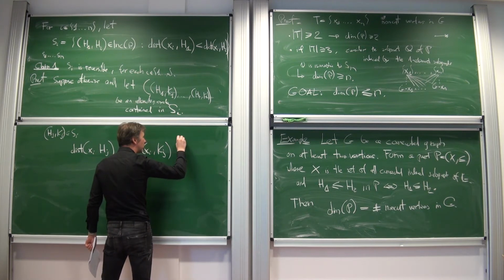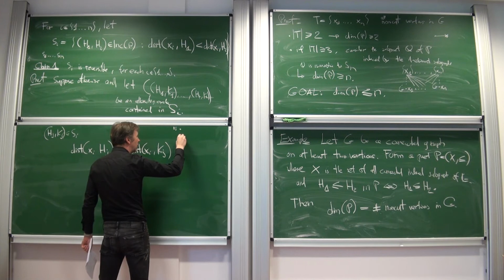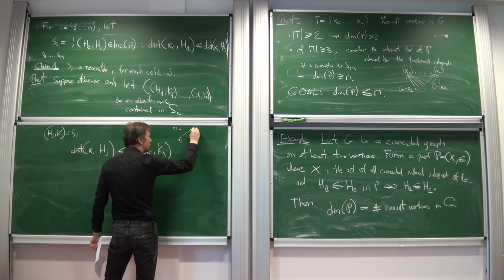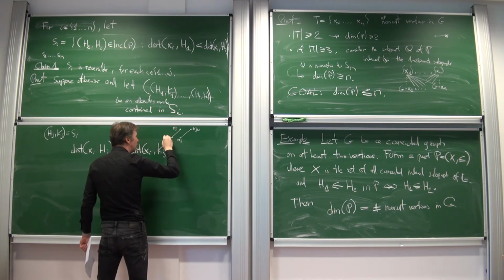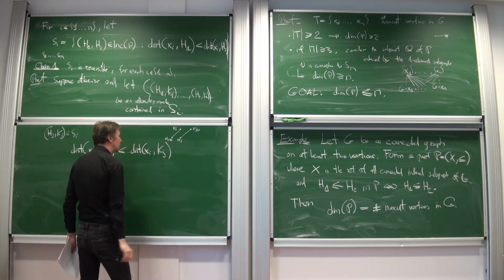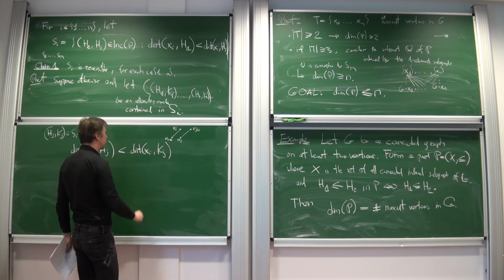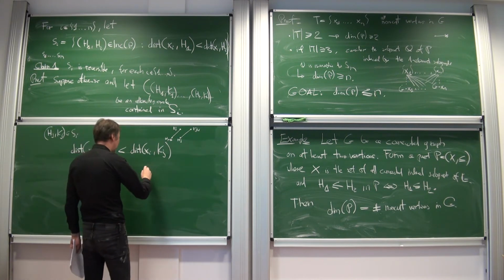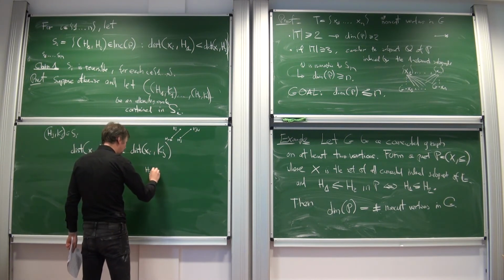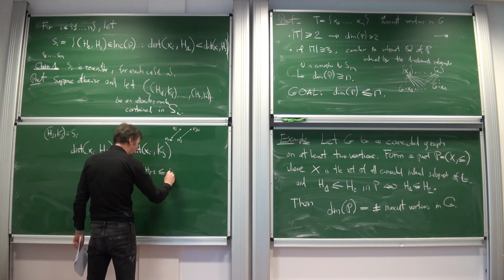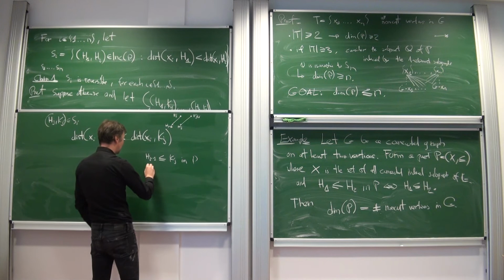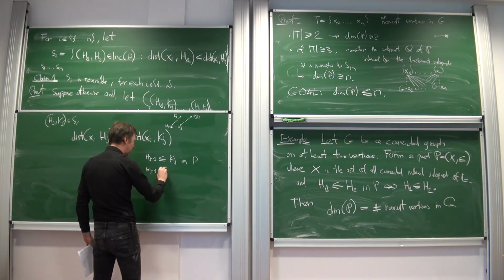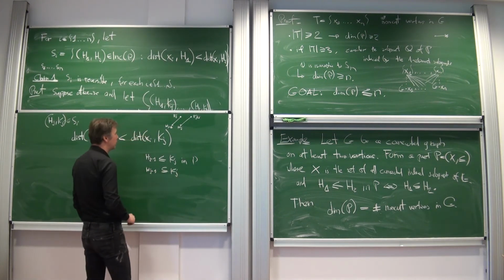So if that was Hj and that was Kj, then Hj is below Kj plus 1 and Kj is above Hj minus 1. And I think I want to go to Hj minus 1. So what does it mean that Hj minus 1 is below Kj in the poset? Well, this means by definition that Hj minus 1 is contained in Kj as a subgraph.